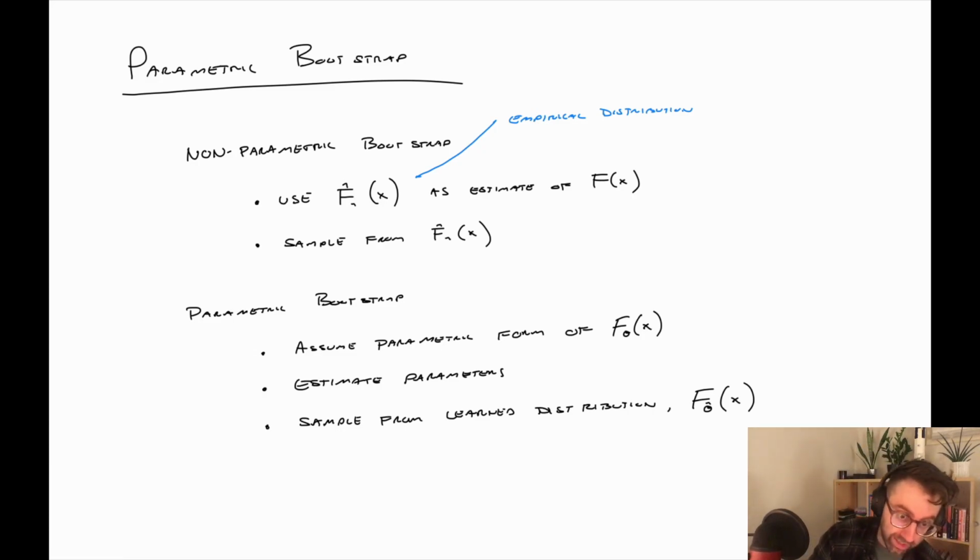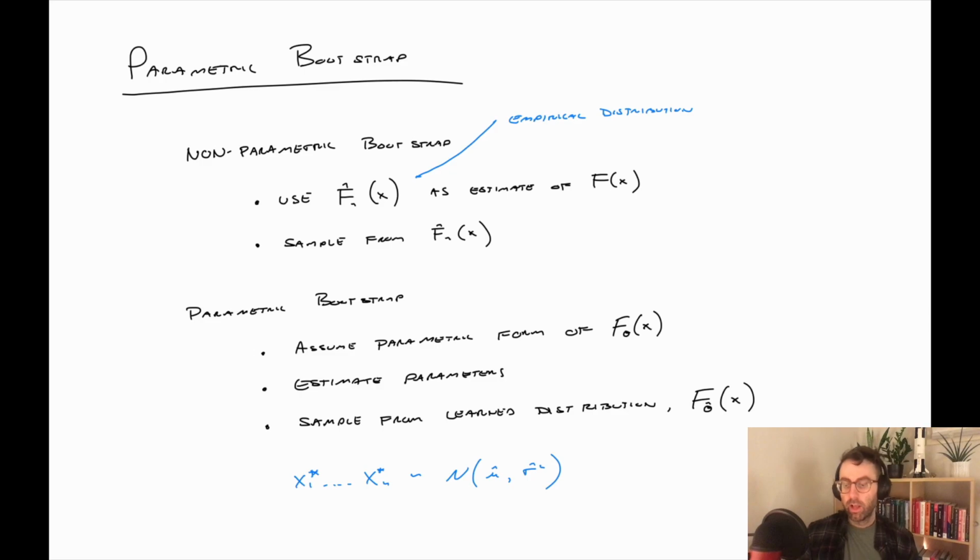So what I'm saying is, to get a bootstrap resample, sample from the normal distribution in the previous example, like mu hat, sigma squared hat. So basically, instead of generating bootstrap resamples from the empirical distribution, you generate the bootstrap resamples from the distribution that you learned parametrically by plugging in the point estimates for the parameters to that distribution.